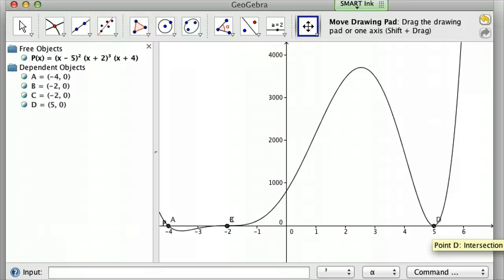Notice at 5, anywhere there's an even multiplicity like 2 or 4, your graph is always going to bounce off of the x-axis. If it's an odd multiplicity like our negative 4 and our negative 2, it passes through the x-axis.